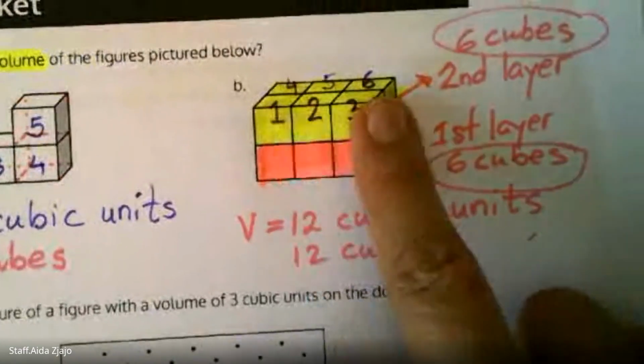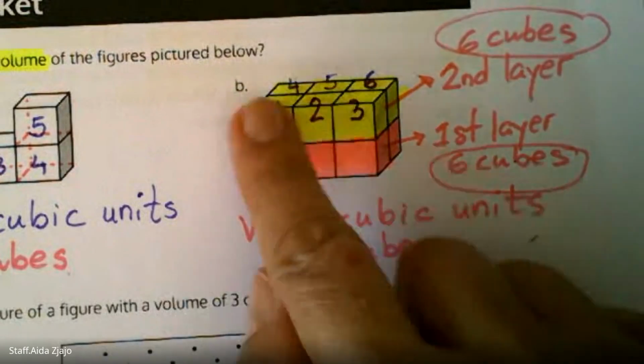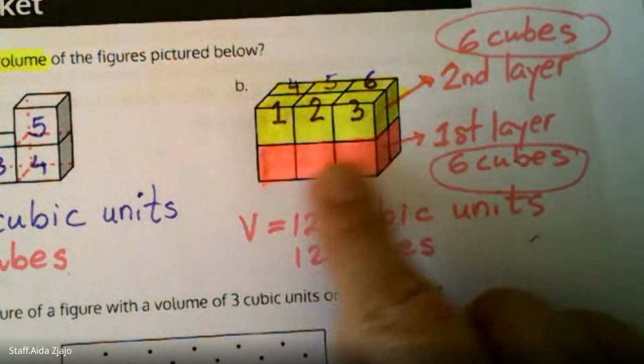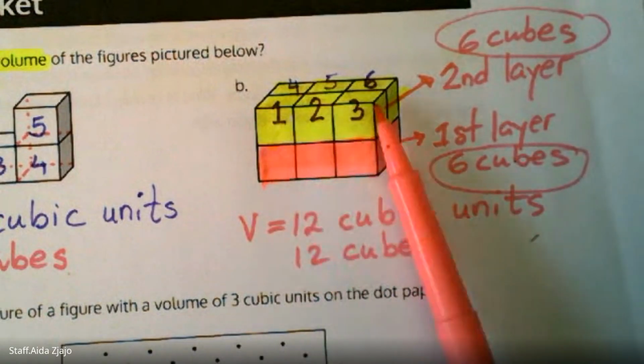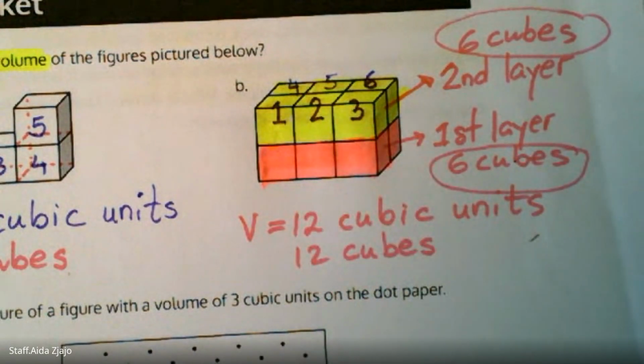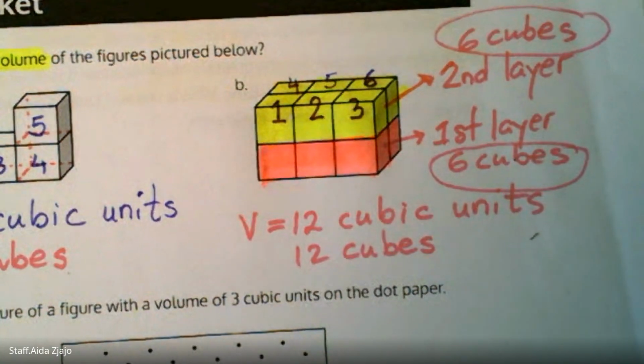This is 12 cubic units because the base is 6 cubes and the top layer is 6 cubes. So together they make 12 cubic units.